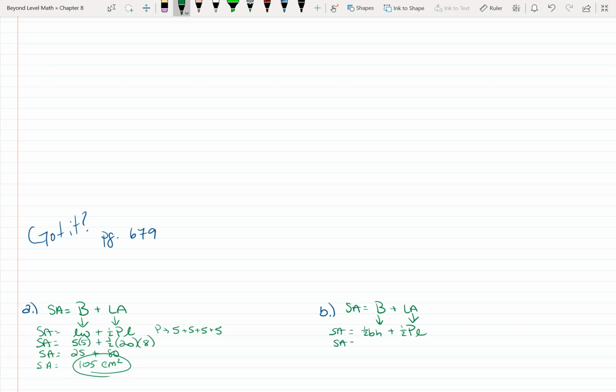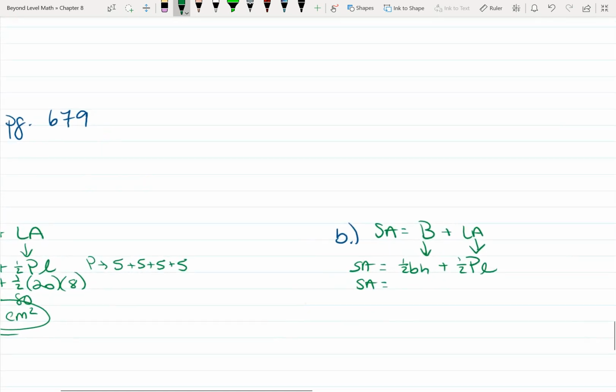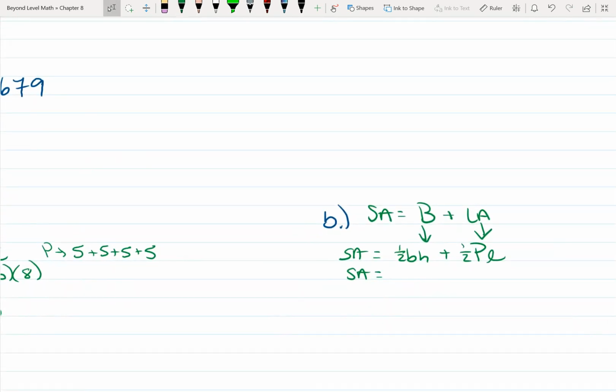All right, so we need to look at that and see what is the base of the triangle, what is the height of the triangle. Again, the base is the bottom of the triangle. So the base of the triangle is 12. The height of the triangle is 10.4.